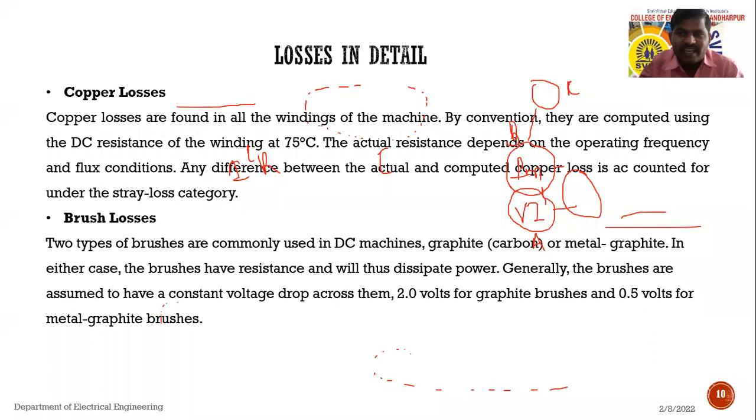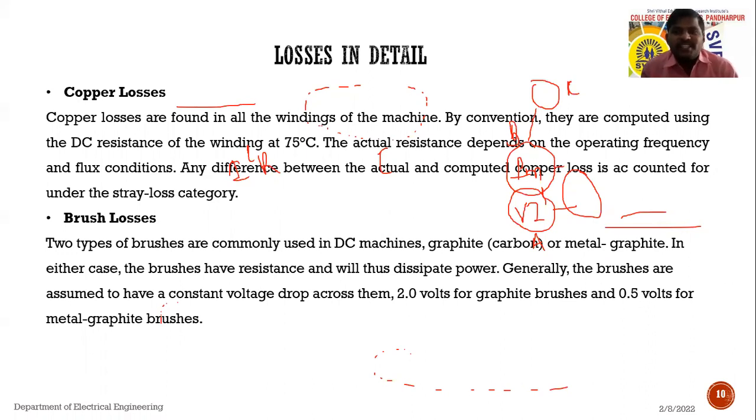If phi is greater, then speed is less. If phi is less, the speed is greater. So if the flux is greater, that means speed is less. At somewhat lower speed, the loss, or heat generated in the machine, will be less. Okay, so there is some difference between the calculated and computed resistance.